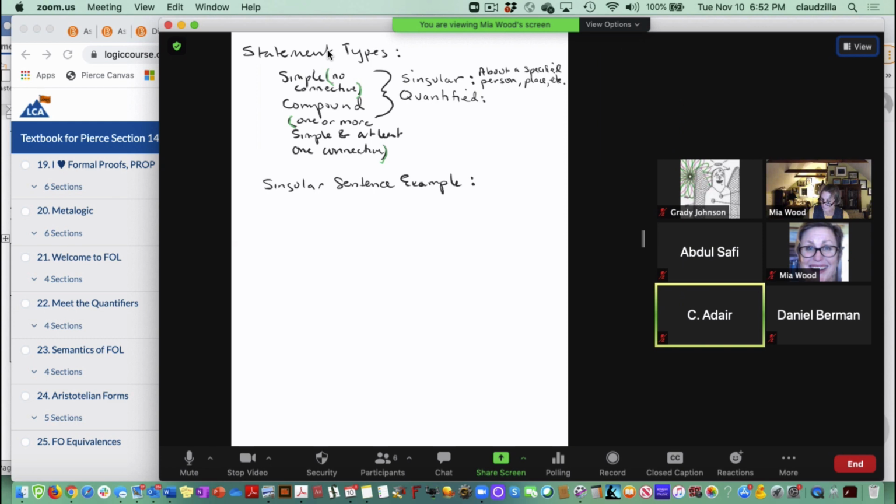So, singular sentence example: Walter barks. It's just about this named entity, Walter, right? The singular sentence, we already know, can be simple, as this example is. It can also be compound, right?